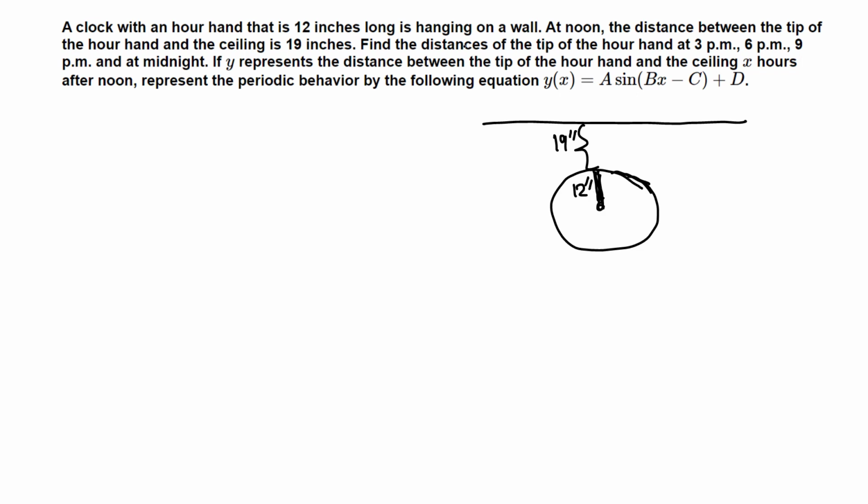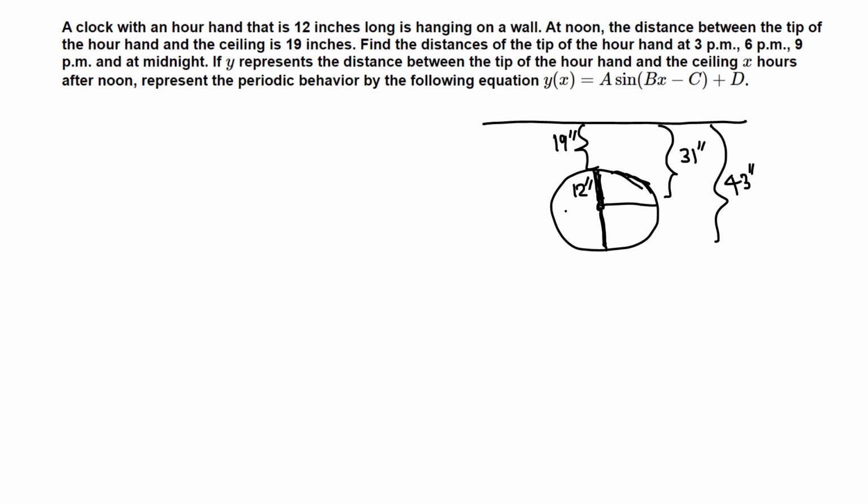Now find the distance of the tip of the hour hand at 3 p.m. 3 p.m. means here, so this will be 19 plus 12, which is 31 inches. At 6 p.m., that's 31 plus 12, which is 43 inches.